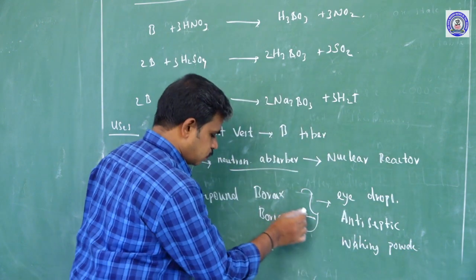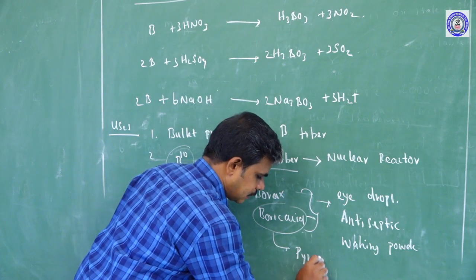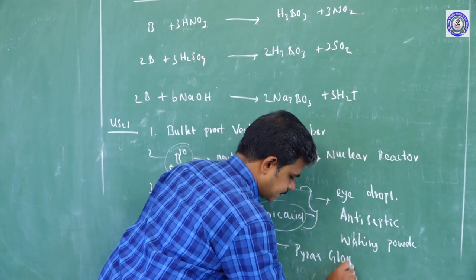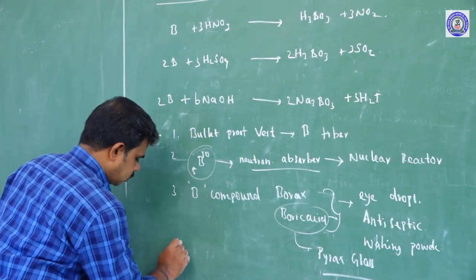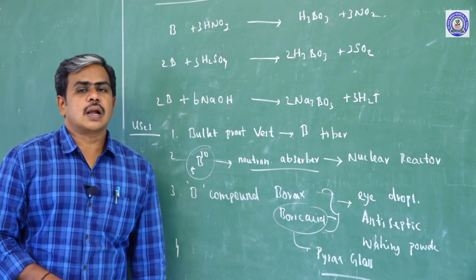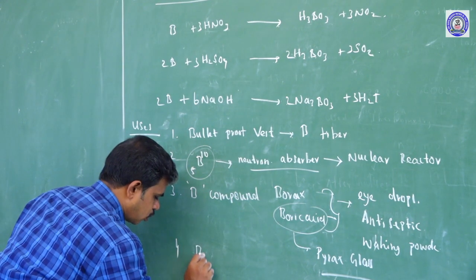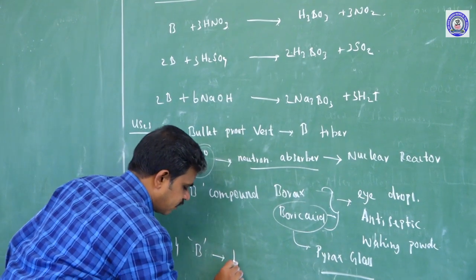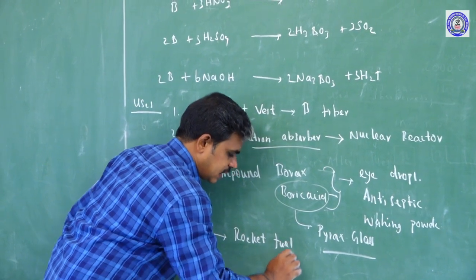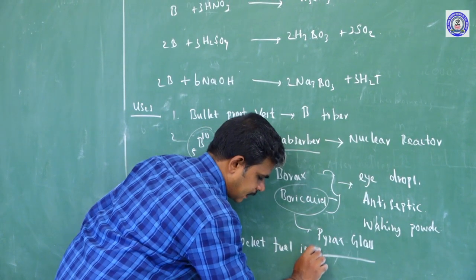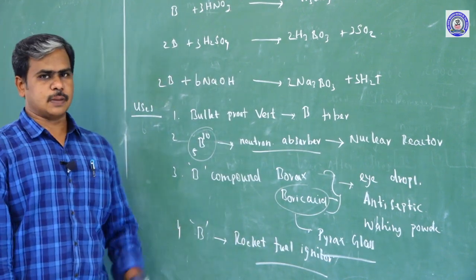Also boric acid is used in Pyrex glass. Okay. And the fourth one is the rocket fuel igniter. Amorphous boron is used as a rocket fuel igniter. So these are all the uses of boron.